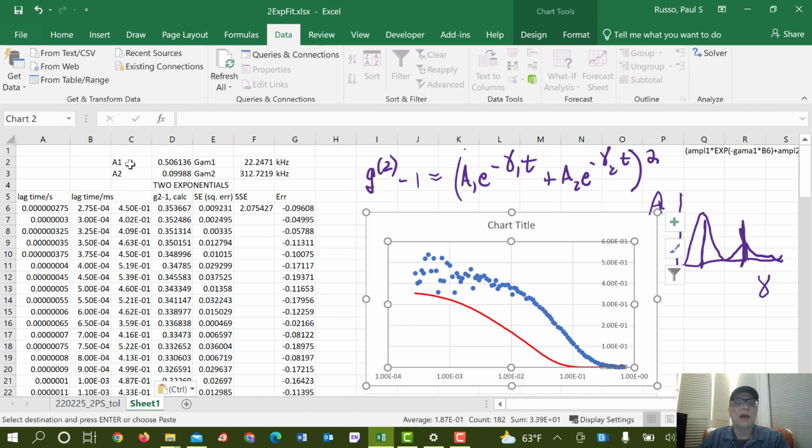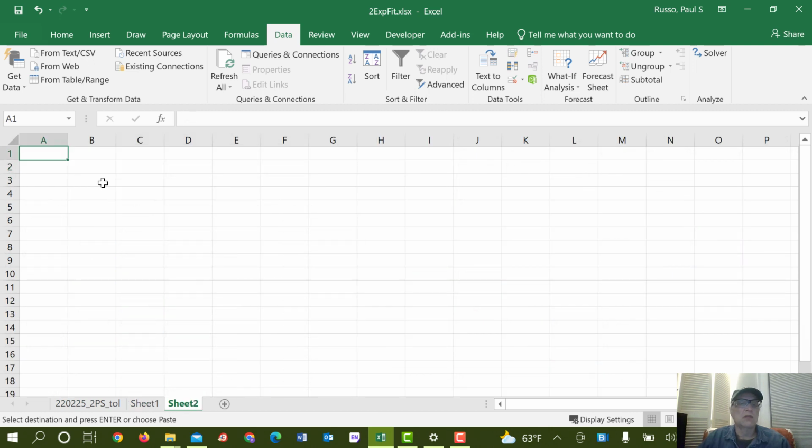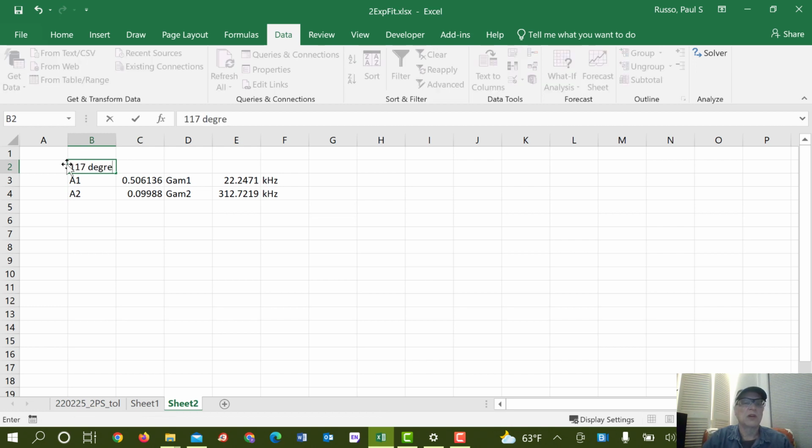We would want to write down these numbers here, that we have. I guess we can put all that into another spreadsheet if we want. And we said that was 117 degrees. And you can calculate what the Q is for that later.